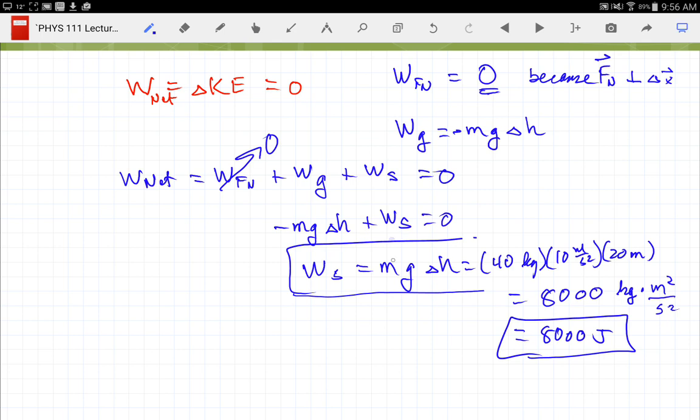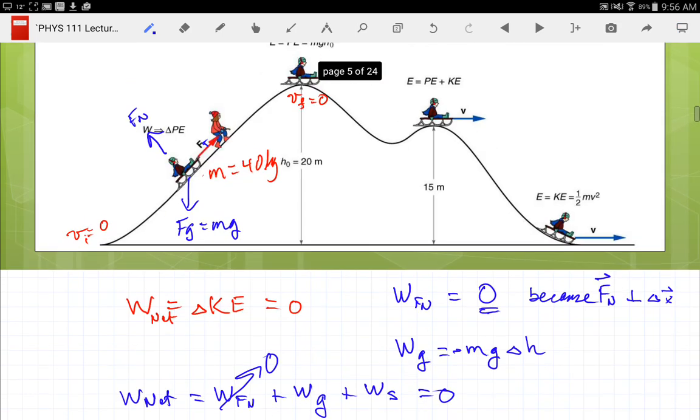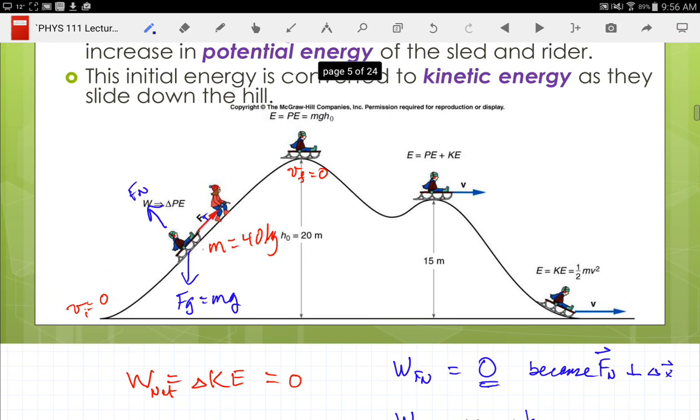Now you notice the work she did was just equal to the change in potential energy. Well, minus the change in potential energy, because change in potential energy should have been final minus initial. So her work goes into the change in the potential energy. We actually define potential energy. This is the definition of potential energy, the true definition.